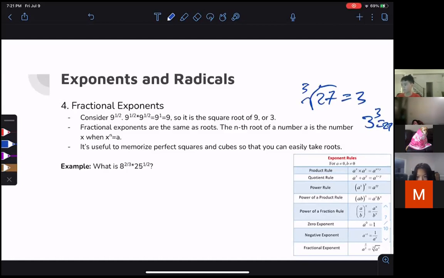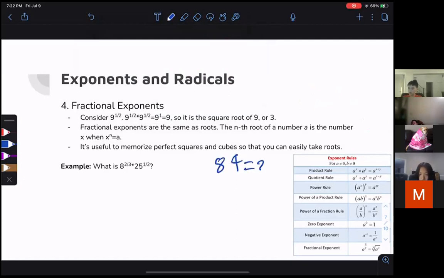And it's useful to memorize some small cubes, squares, powers, etc. And just the prime factors and the powers of prime factors that small numbers have. Like, if you just randomly take a number, 84, that's 2 squared times 3 times 7.